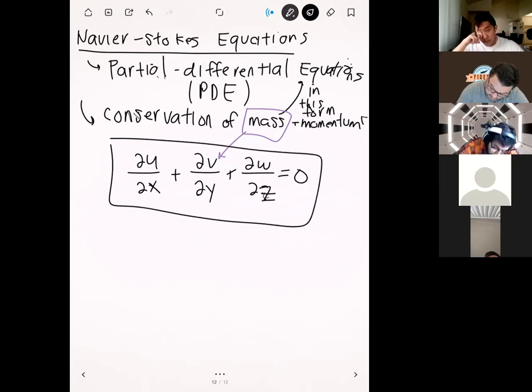We take the partial derivative of u with respect to x, the partial derivative of v with respect to y, and the partial derivative of w with respect to z, and we simply add those together and set them equal to 0.